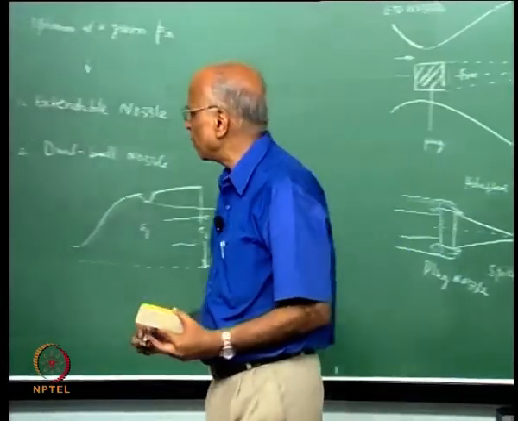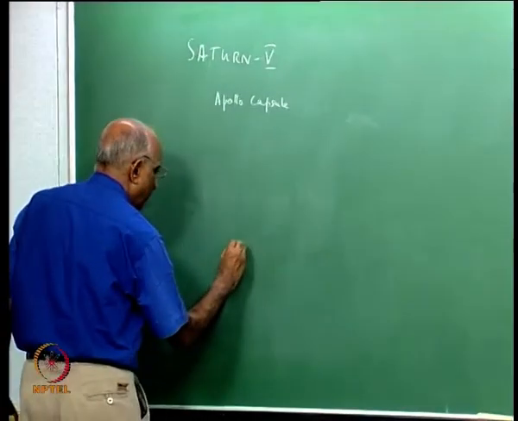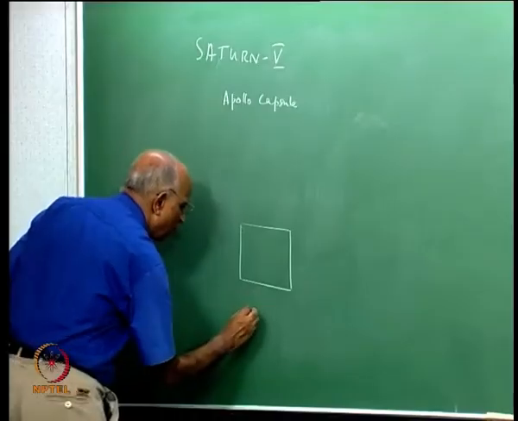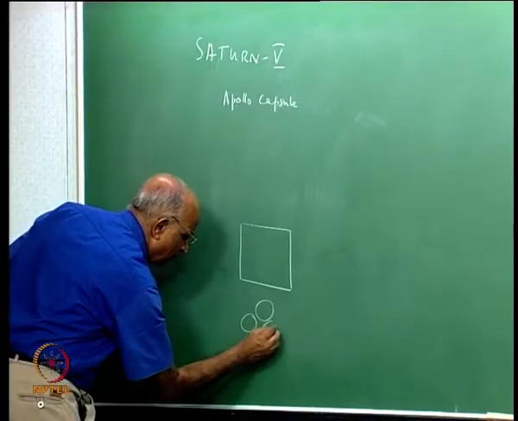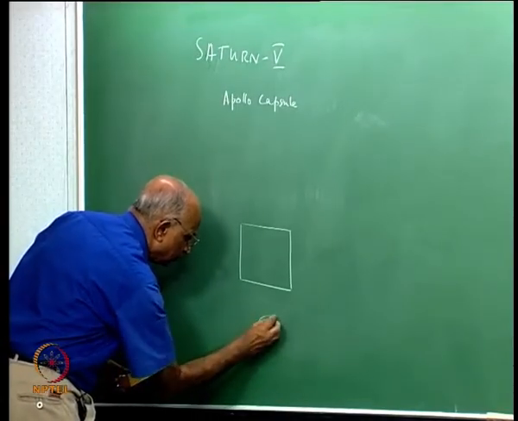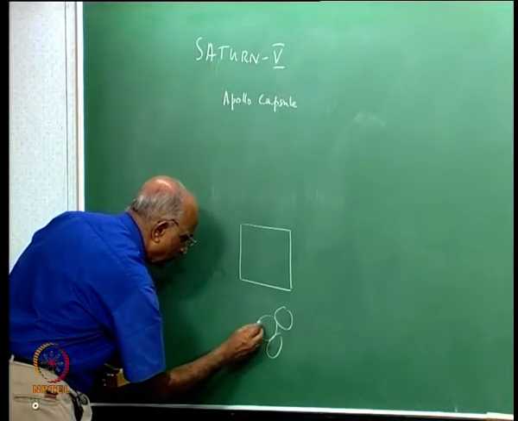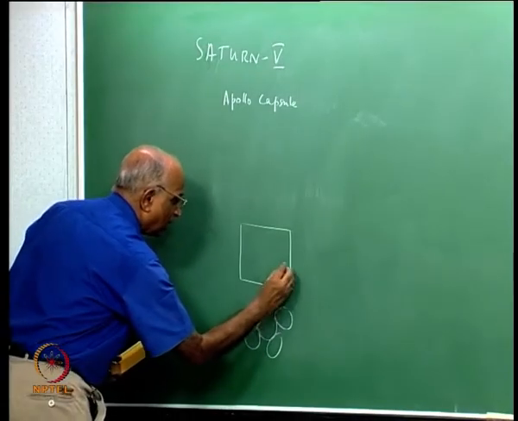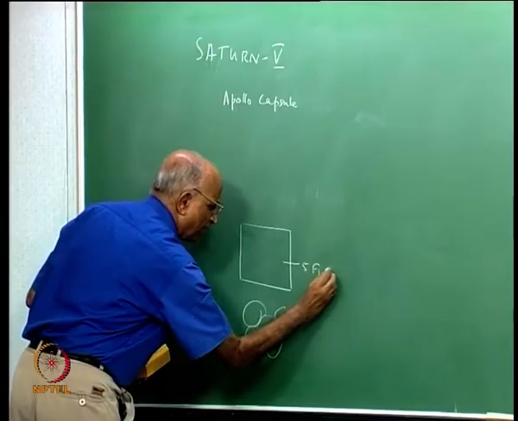Therefore, what is it we are talking of? The Saturn V rocket consists of the first stage which consists of 5, 1 2 3 4 5, and these are 5 F1 engines or 5 F1 rockets together.